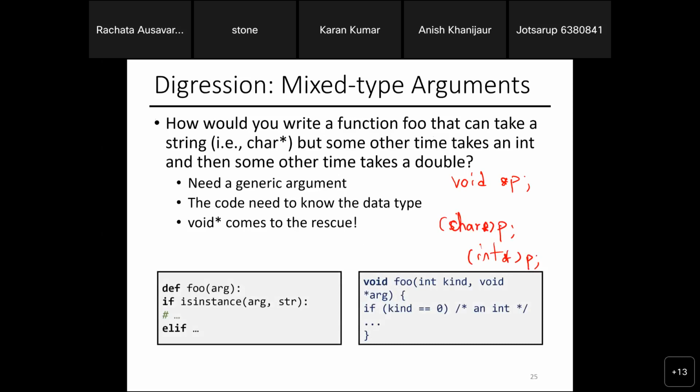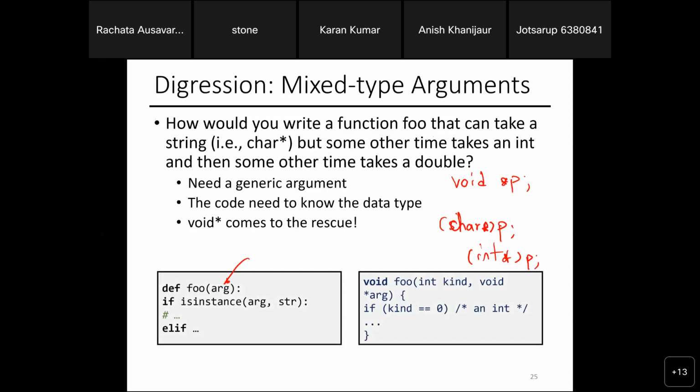So in here, I have a function called foo that takes in the arguments. In this case, I can then assign, right? If the instance of the argument is a string in Python, I can do this. If the instance of the argument is an integer, I can do this.